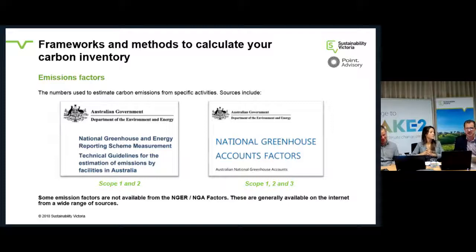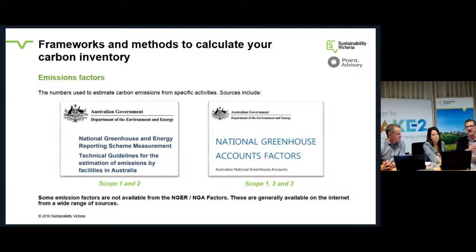It's a good question. If we were going to simplify things, we probably would. As I touched on before, the NGER legislation is the source of truth for emissions factors and calculation methodologies within Australia. The NGA factors draw from NGER for scope 1 and 2, and then also add scope 3 emissions. So why don't we just use the NGA factors?